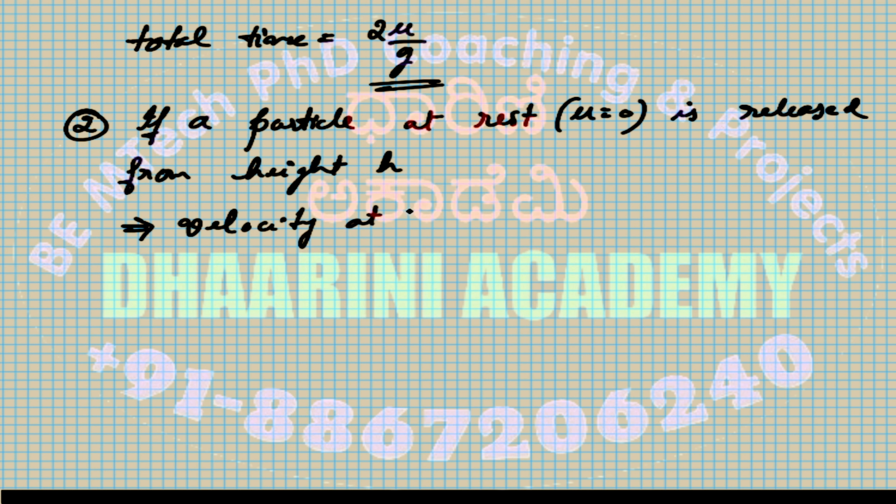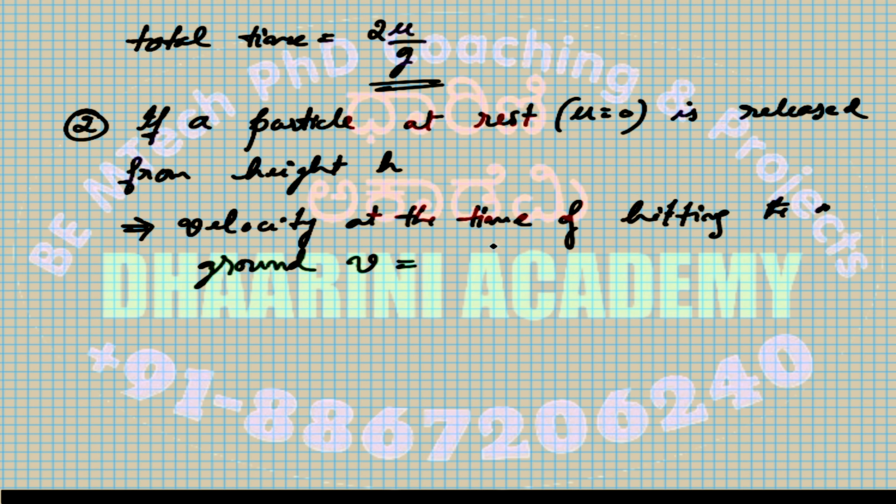Velocity at the time of hitting the ground, that is v is equal to root of 2 g h.